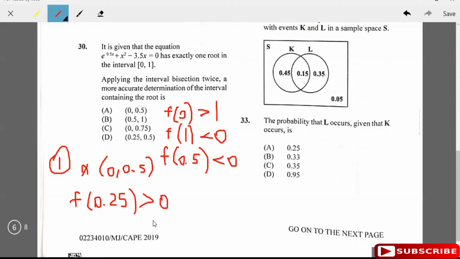And so the root will lie between 0.25 and 0.5. Yes, you're right, it's a repeat question. That's B.